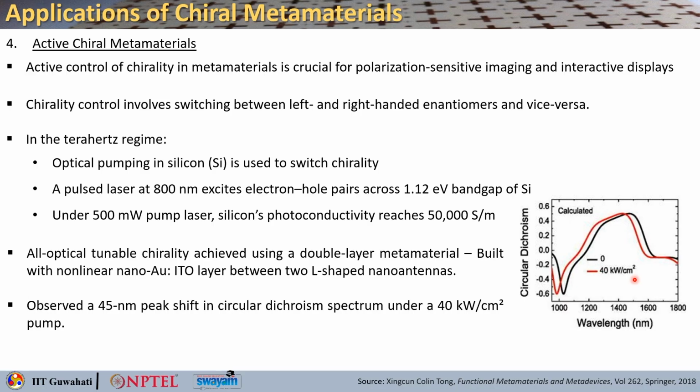So, that is typically a weak pump, and this work basically opens up the possibility for ultra low power as well as ultra fast all optical tunable chirality at optical frequencies. So, you can see the wavelength range here. So, you are basically tuning the chirality in the visible range.